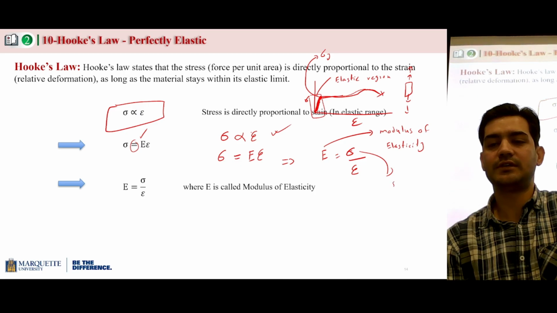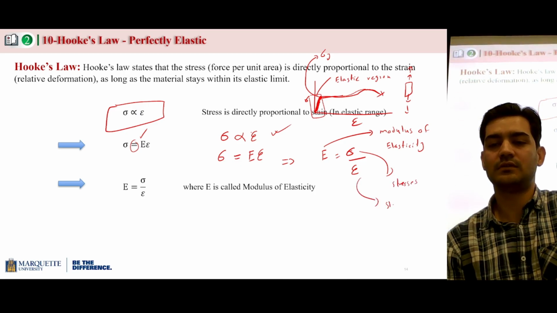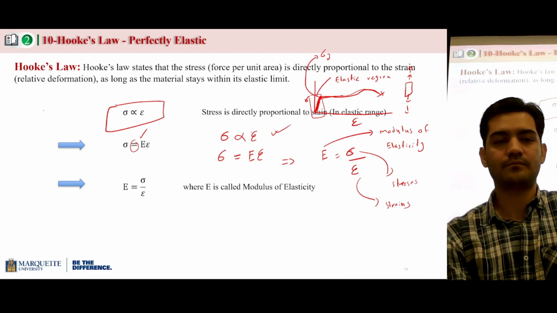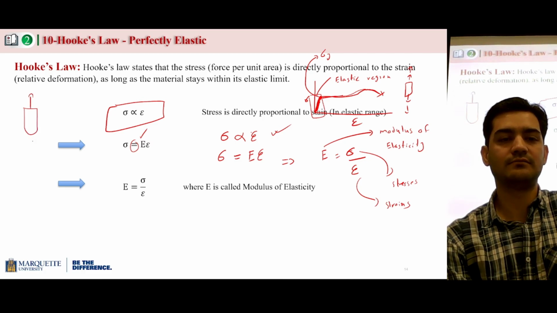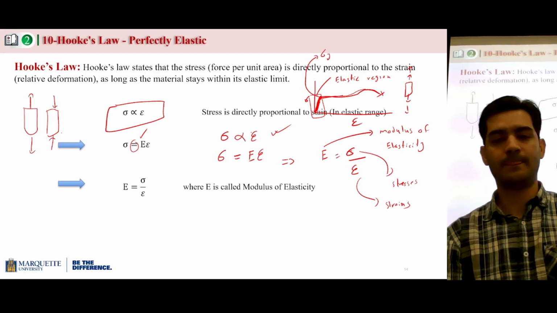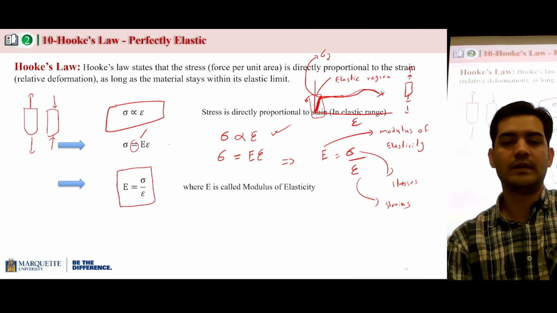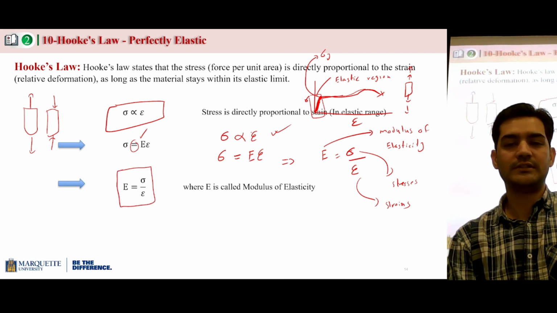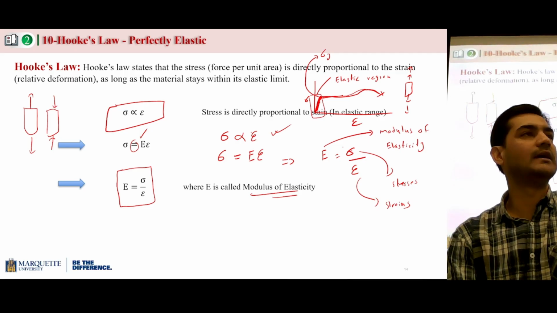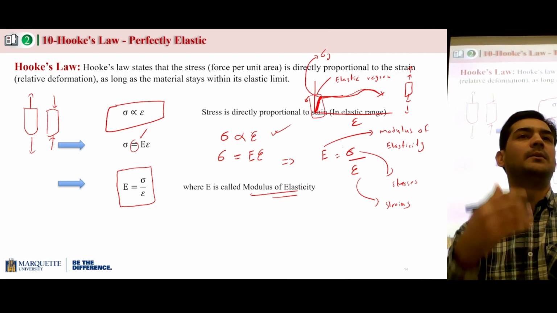These are stresses, these are strains, and remember, we were applying normal forces, so this is for the normal forces. So this is the important formula, and this is called Hooke's law. This E is called the modulus of elasticity, and this is also a material property.